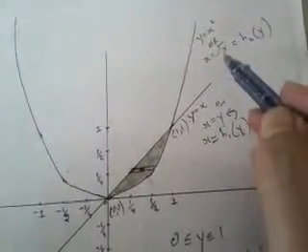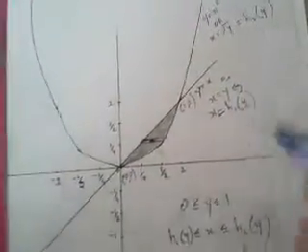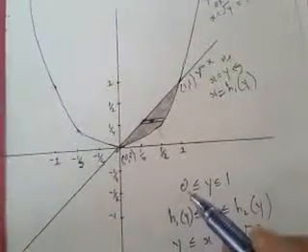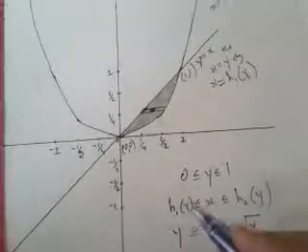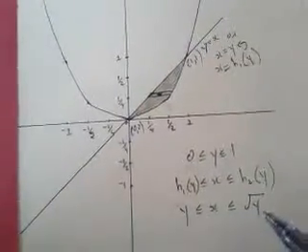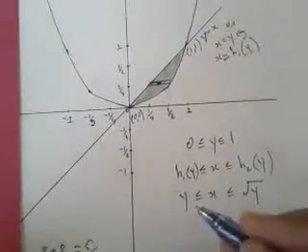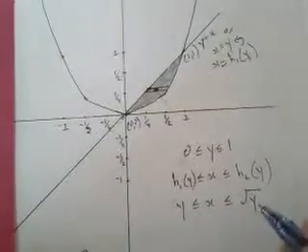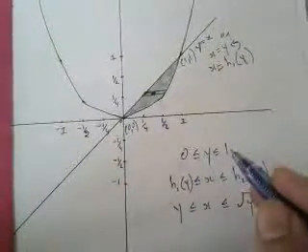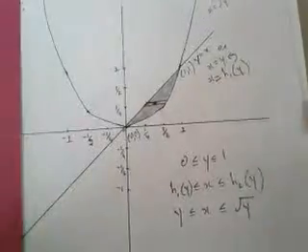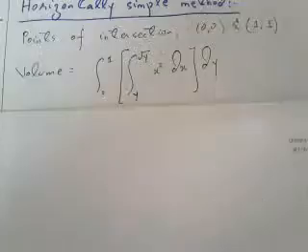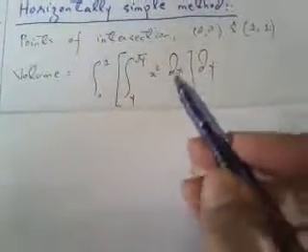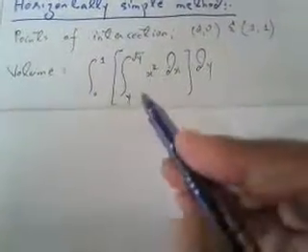Okay, so these are the limits: for all values of y from 0 to 1, there corresponds a value of x lying within this range, expressed like this. So these are the integral limits with respect to x, and these are the integral limits with respect to y. So let us now try to integrate it with the horizontally simple method. That's how this time we are going to express our integration.